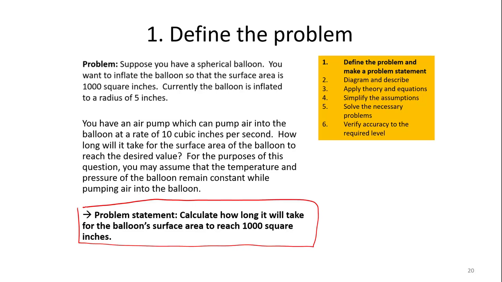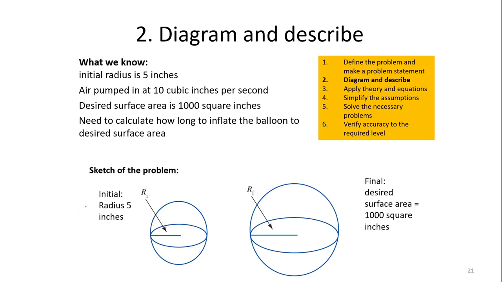Our next step is to diagram and describe. Here is where we want to list all the information we know about our problem. And this will also help us make a plan to calculate whatever unknowns. So here's what we know. We know that we have a spherical balloon, so we can draw a sketch. And so we know our initial radius of that balloon. That's basically the distance from the center to one edge.